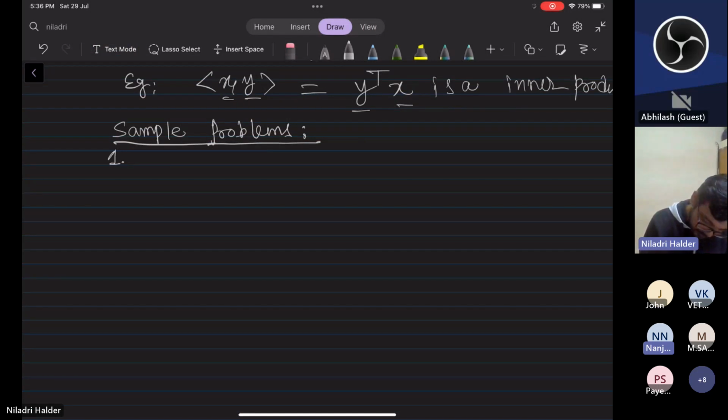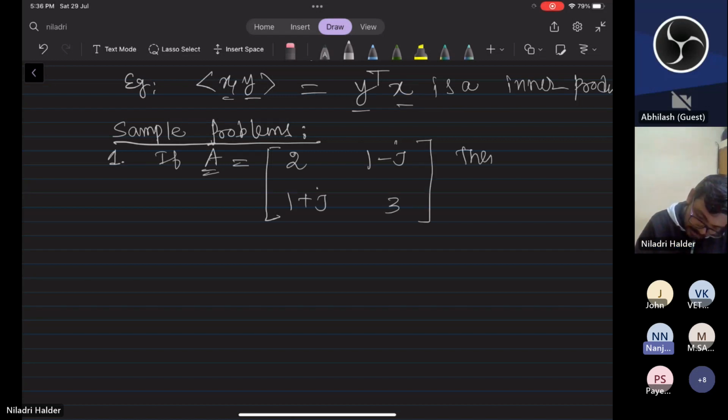For one, if A is a matrix, denoted by 2, 1 minus j, and j is a complex number, then what is A Hermitian?